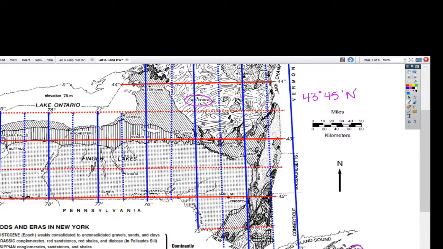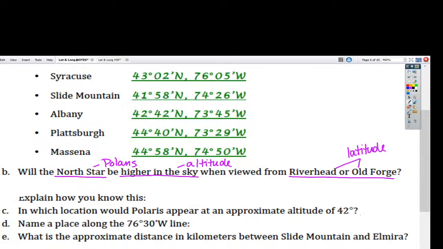Because the latitude of that location is higher. What do you think, Michael? Old Forge, good, exactly. Old Forge has a higher latitude, so the altitude would also be higher, okay? So Old Forge, because it is further north, okay, which means higher latitude.